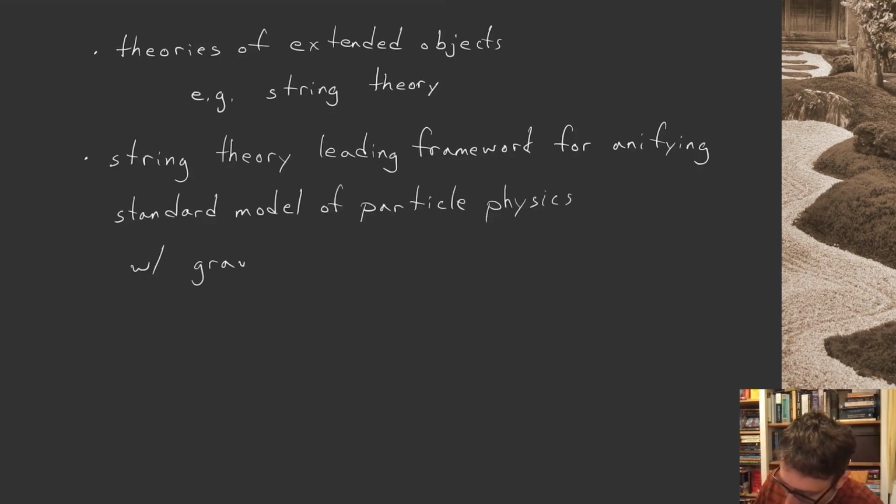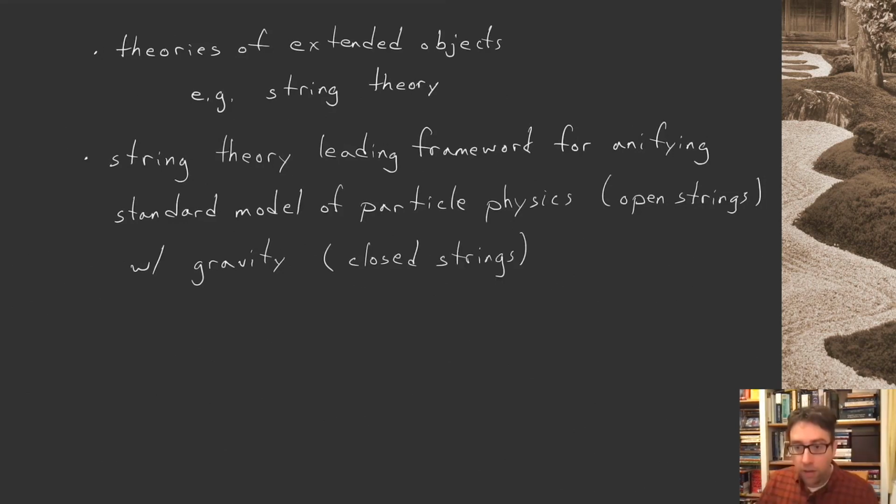And the way this works, in 4 words or less, is that the standard model you can think of as open strings, or strings with endpoints, and gravity you can think of as closed strings, or rubber bands. And so by using the same framework of an object which has a length, maybe a length with some endpoints or a length that loops around, you can hope to describe these seemingly very disparate concepts in theoretical physics.